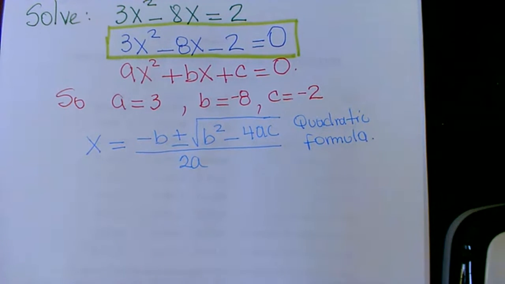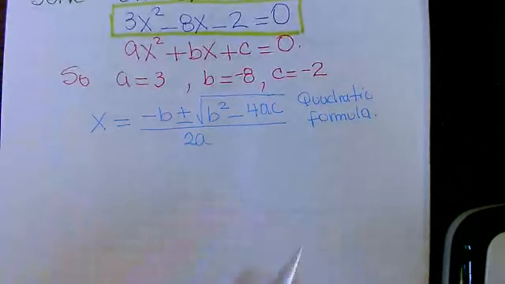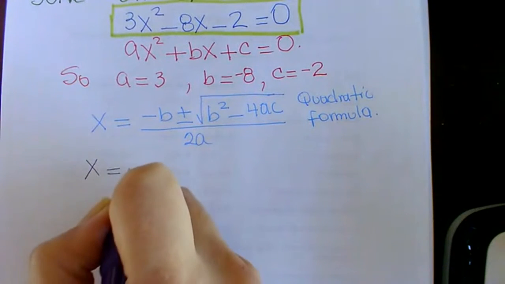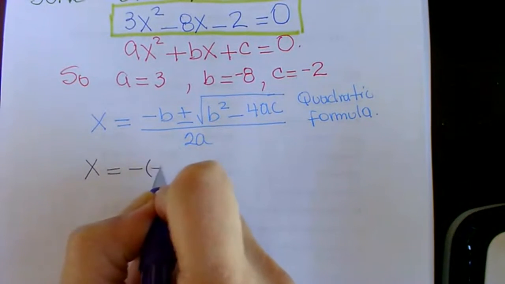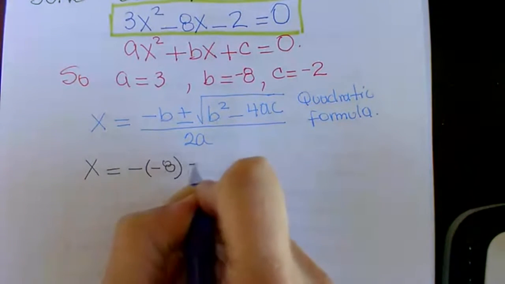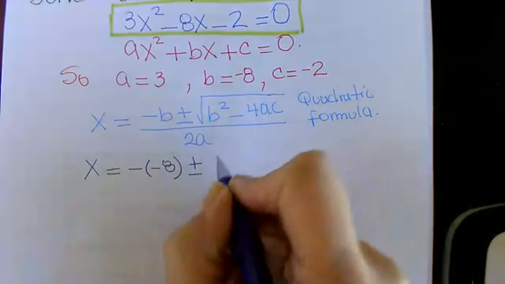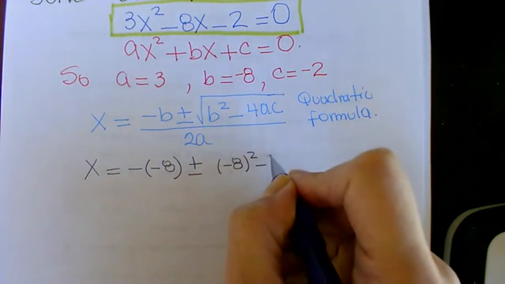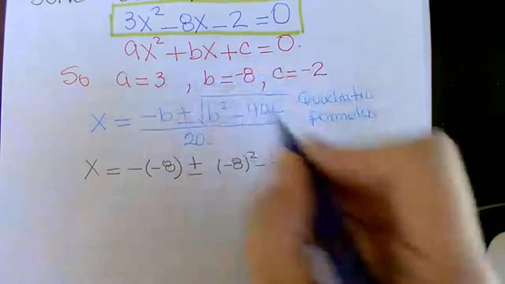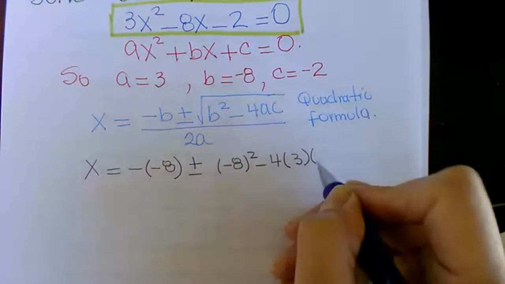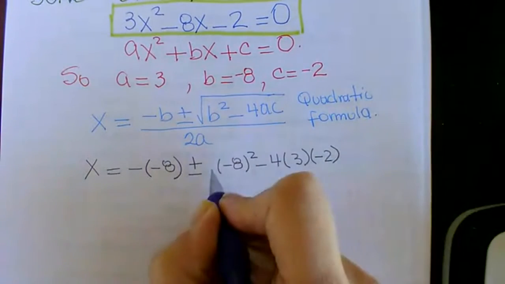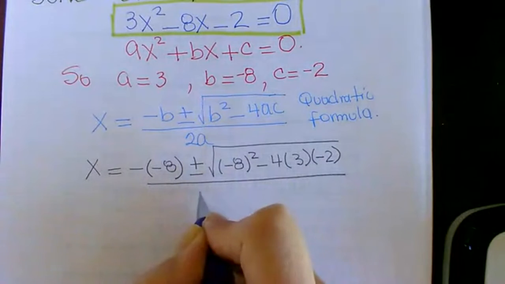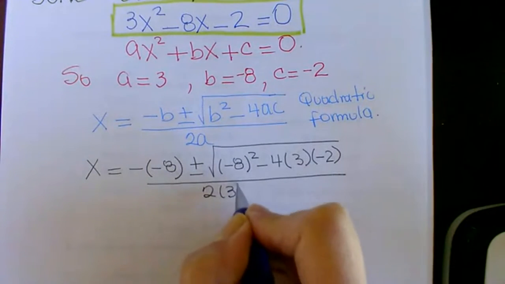So let me show you that. So we're going to start with x equal to what? Negative b, which is 8. We're just going to be plugging in the numbers. -8 squared minus 4 times a, what is a? 3, times c, -2, divided by 2a.